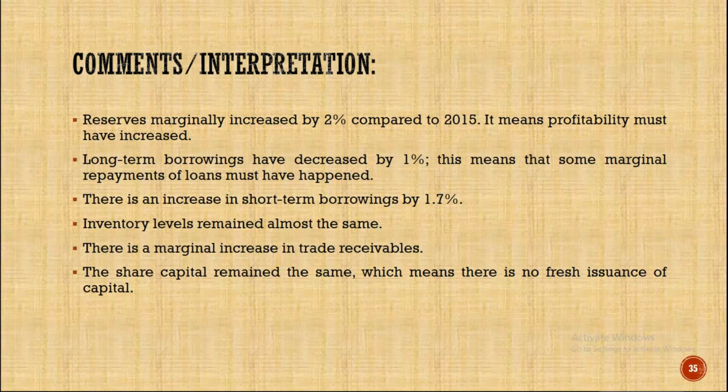Then there is an increase in short-term borrowing by 1.7%. Inventory level remained almost the same. Next, there is a marginal increase in trade receivables. And next, the share capital remained the same, which means there is no fresh issuance of capital.